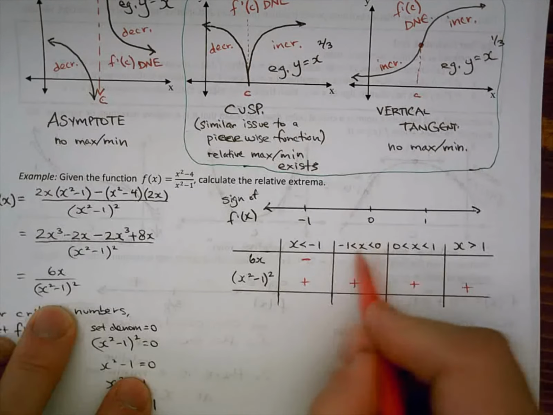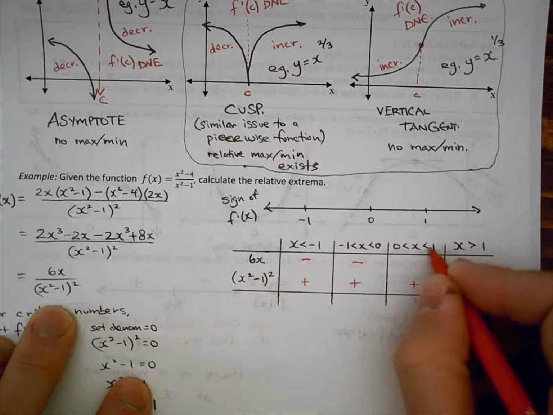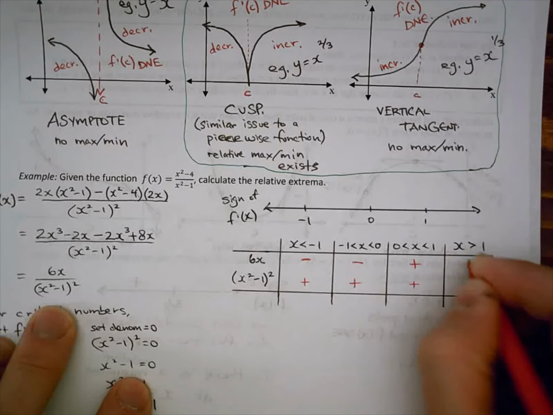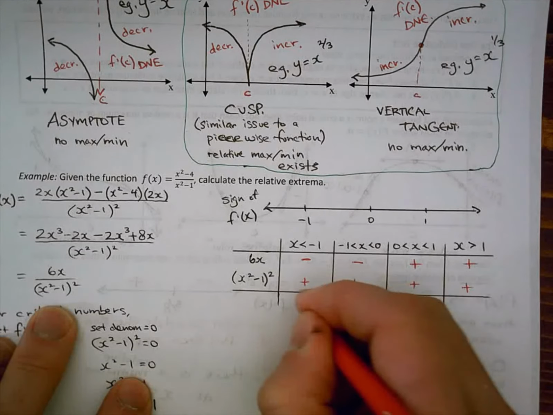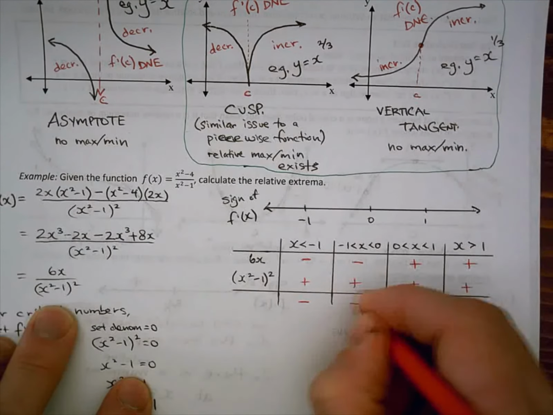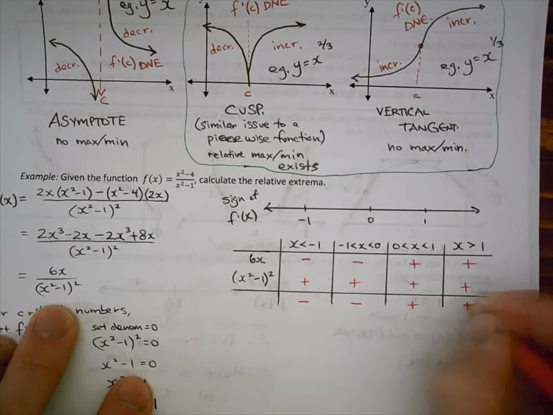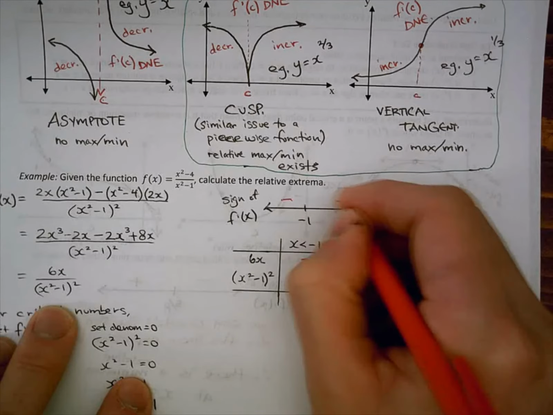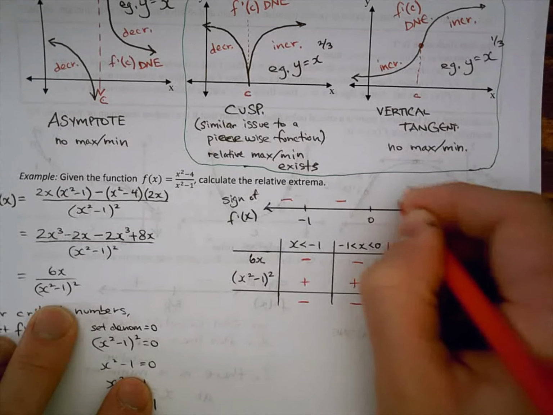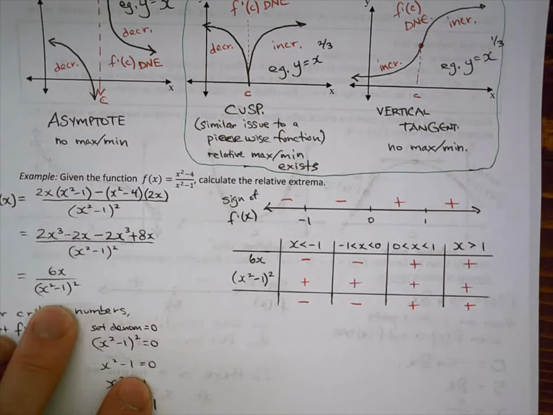And if I choose a number between negative 1 and 0, so say negative 0.5, this will be negative. If I choose a positive, this will be positive, this will be positive. Then I have odd number of negative signs, so this is negative, this is negative, this is positive, this is positive. So I can fill in my sign diagram: negative, negative, positive, positive, like that. Great.